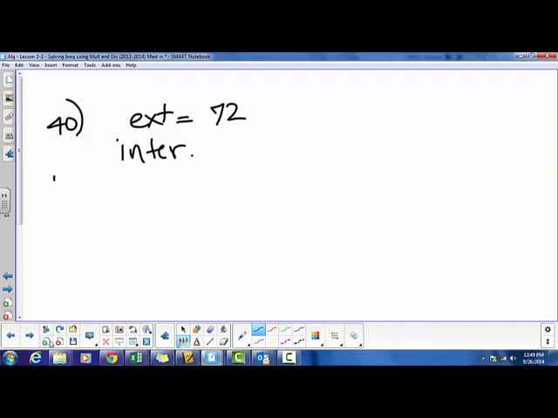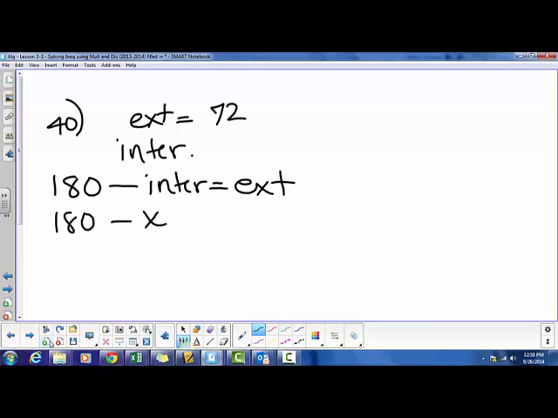Well, I know that 180 minus the interior angle equals the exterior. So 180 minus x, we'll just let x be the interior, equals 72. So the value of x is 108. Okay? So this is the measure of the interior angle.